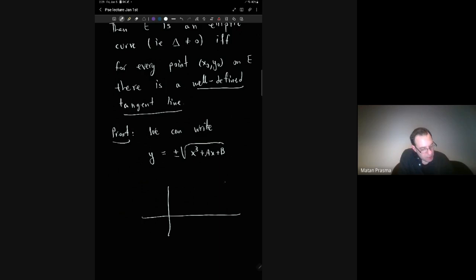In this example, it would be the first half and then the second half. Each of these is an ordinary function in one variable. So I could think of it as y equals y of x. It's a function of x.